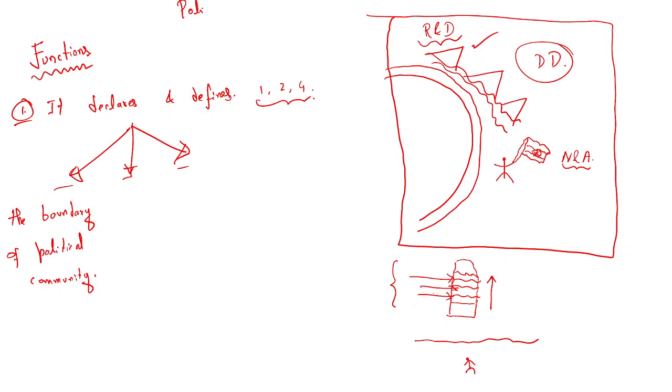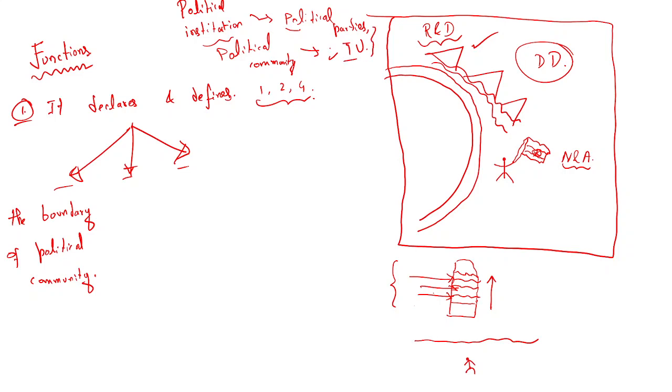Political institution. What is this? Political community means people having the same political thoughts and forming a group. That is political community in layman's language. And political institutions are obviously consisting of the political parties, means what influences the government. Political parties, the trade unions, and others.